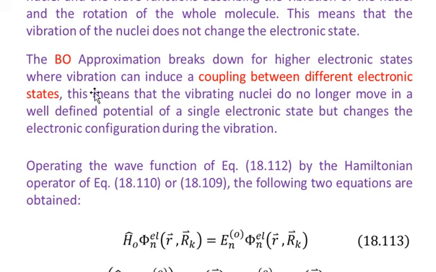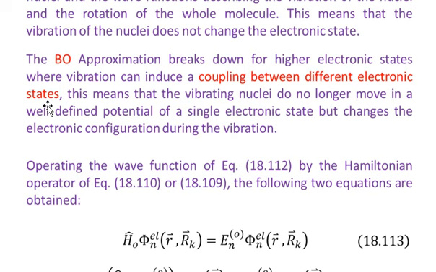So you see that when we remain under the Born-Oppenheimer approximation, then of course there will be no coupling between the electronic and the nuclear states. That is, the vibrational states will be independent of the electronic states. But you know that at very high electronic states, the vibration of the molecule can induce coupling between different electronic states.